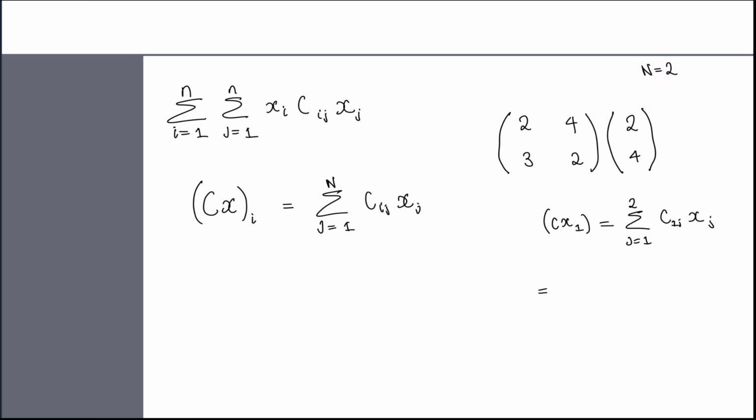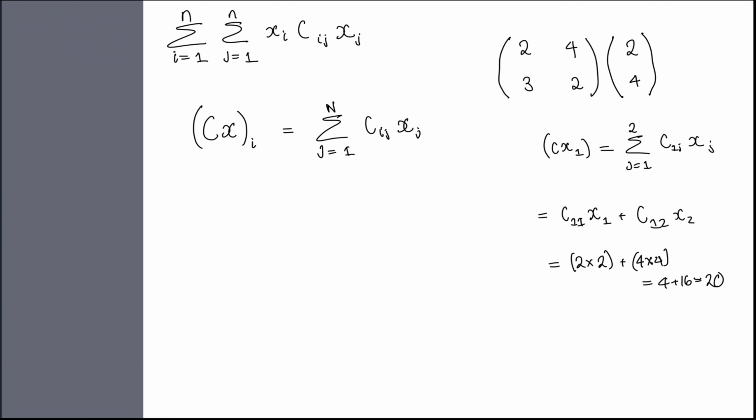So this would just be C11 x1 plus C12 x2. So this gives us 2 times 2, and then plus 4 times 4. So we get 4 plus 16, which is 20. So hopefully you can notice this is just the definition of a matrix times a vector. So a matrix vector multiplication.